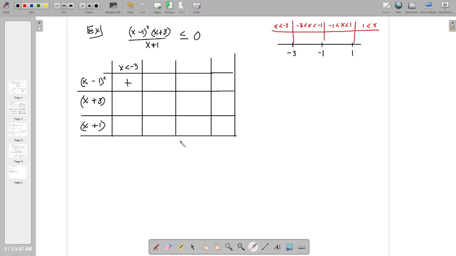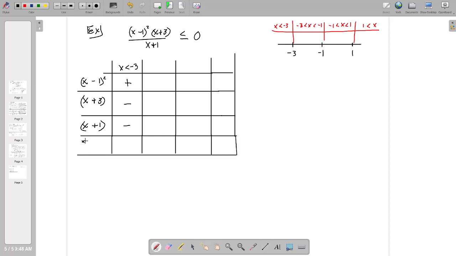Now, for x plus 3, if x is less than -3, say again -4, we use the test point x equals -4 and it will give us a negative value. -4 plus 3 is, of course, -1. And if we use -4 here, we have -4 plus 1 is -3, which is also negative.